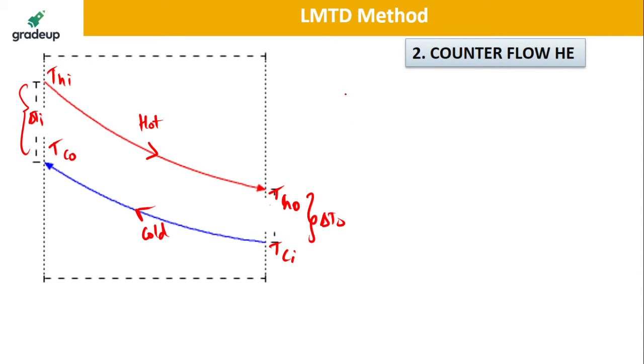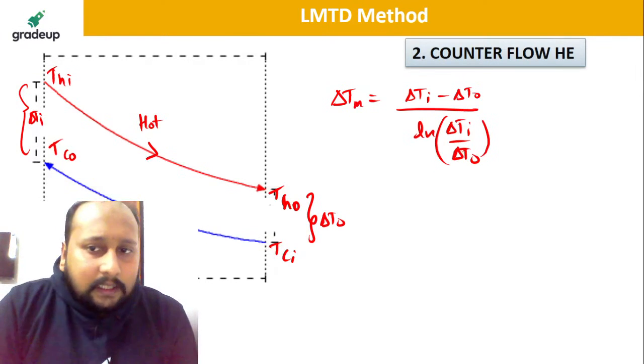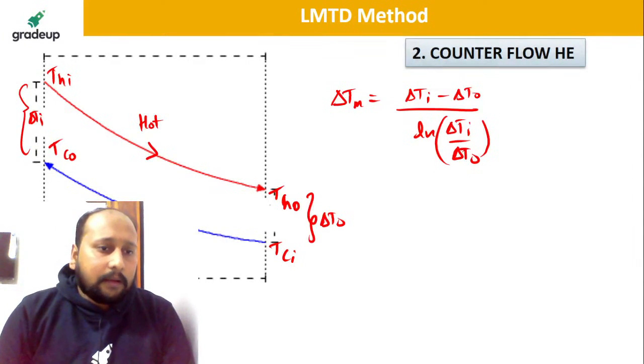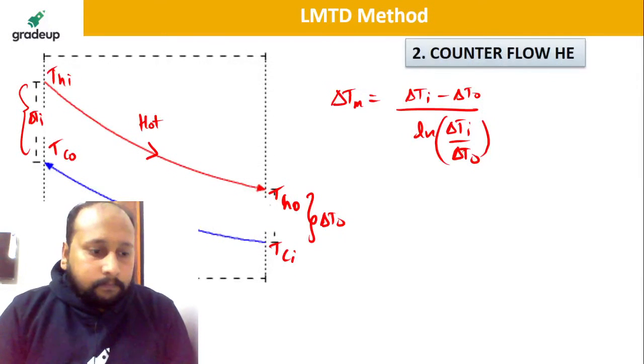What we have observed is that the counter flow LMTD is also equal to (delta Ti minus delta To) divided by ln(delta Ti by delta To). Is this clear? So by these two expressions, are we saying that both LMTDs are the same for counter flow and parallel flow? Is that so?